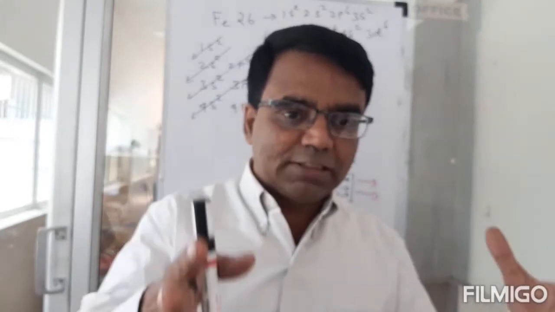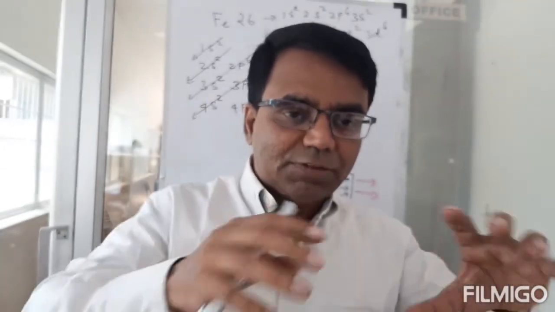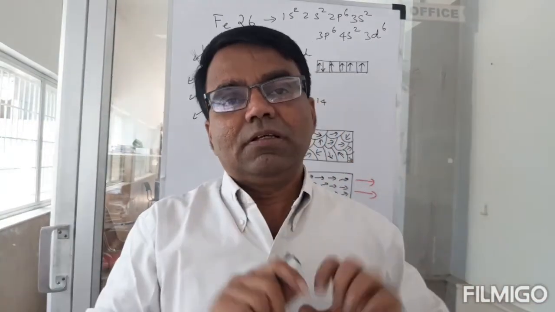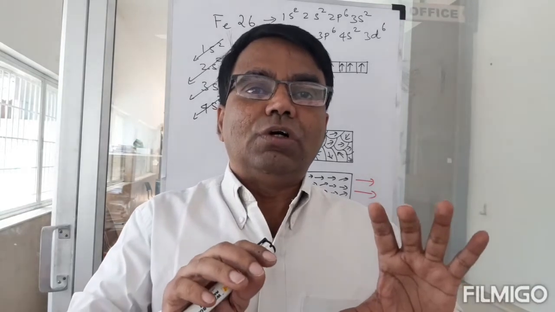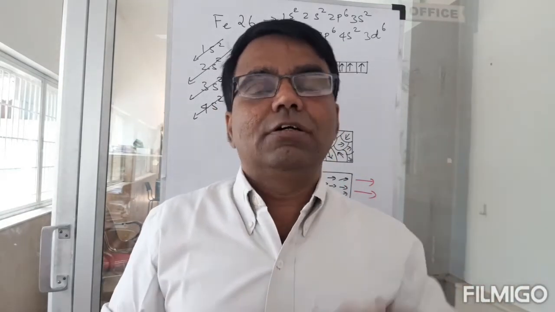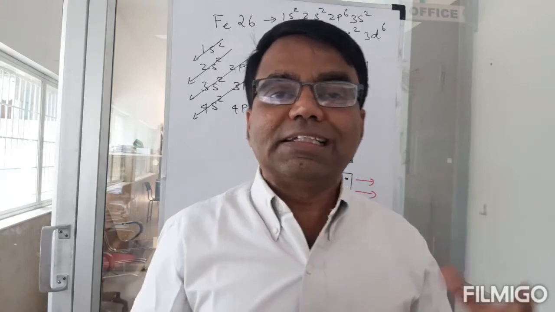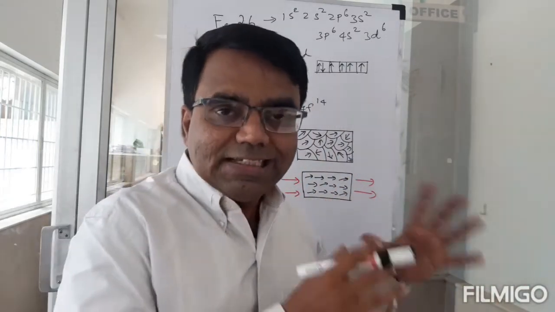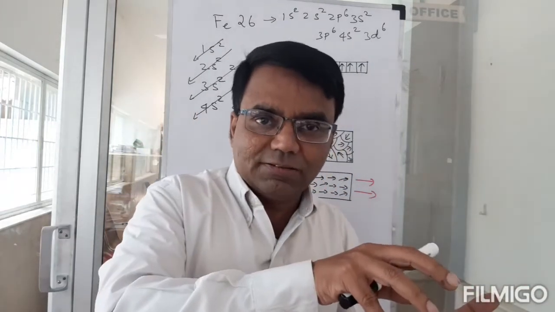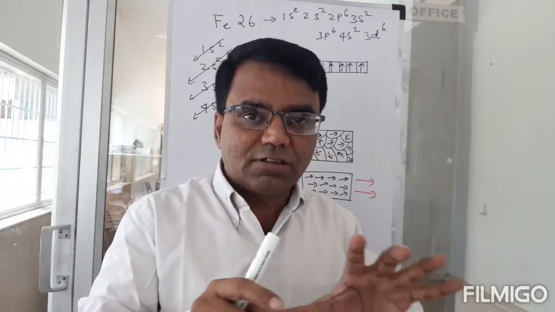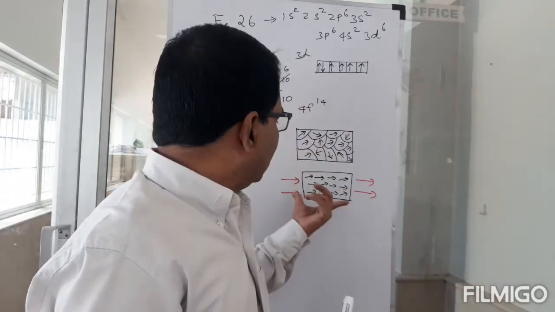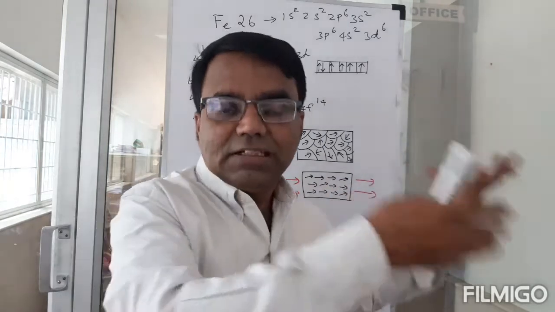So the external magnetic field was trying to align all those atoms. So it was a little difficult in the case of paramagnets. But in the case of ferromagnets, it's easy because they're locally aligned. So now it's only a question of aligning them to the external magnetic field.